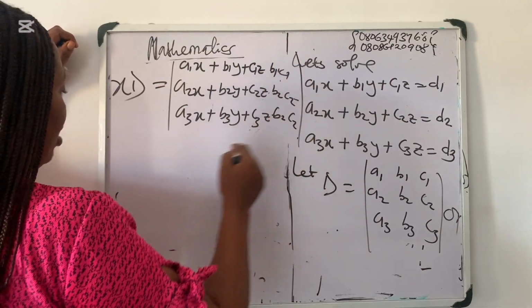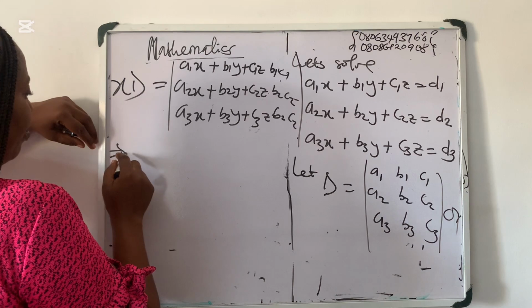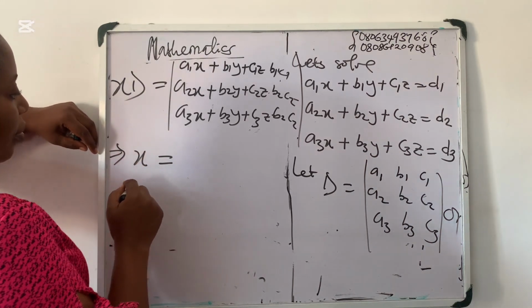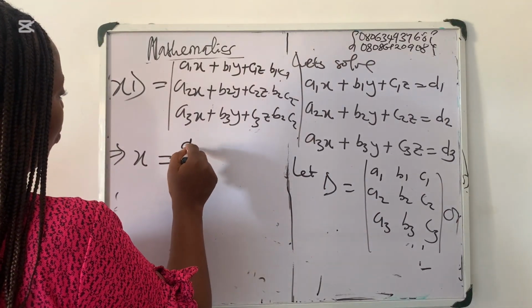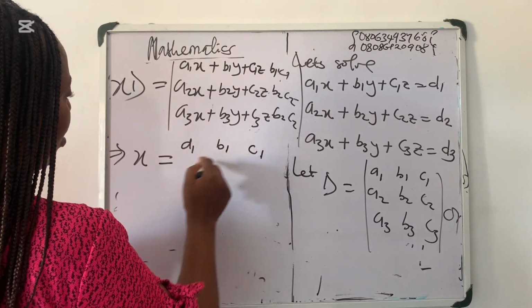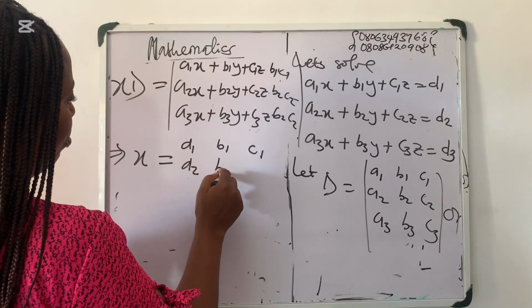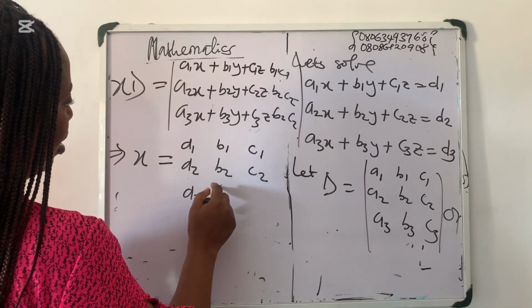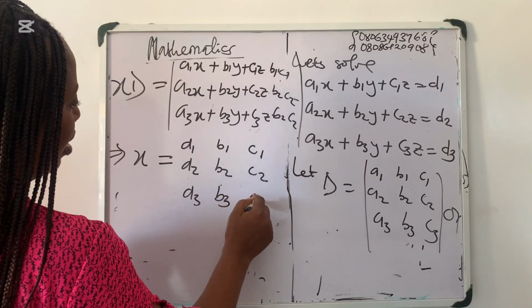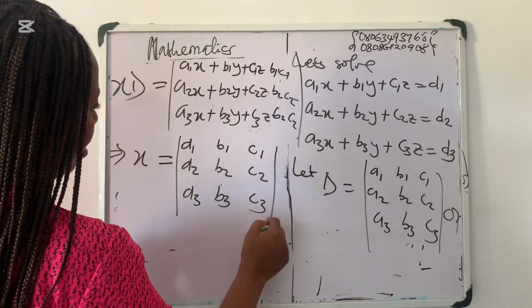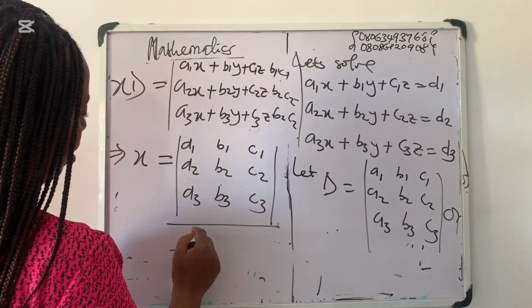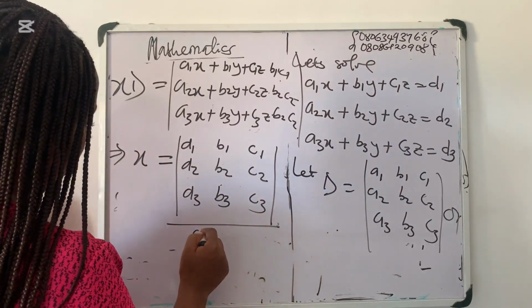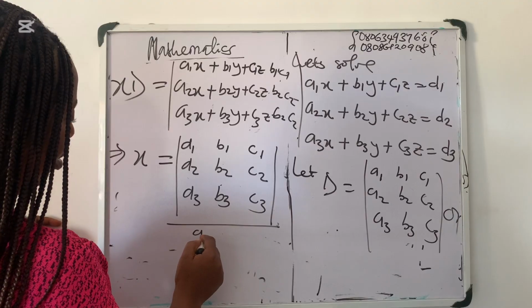Now, it implies that our X is equal to D1, B1, C1, D2, B2, C2, D3, B3, C3, all over this D, that is the Cramer's rule we're talking about.